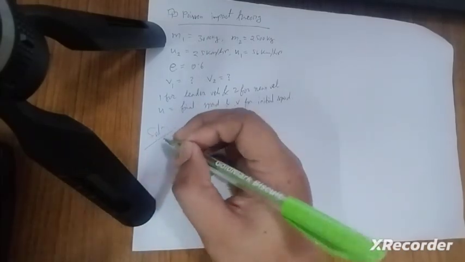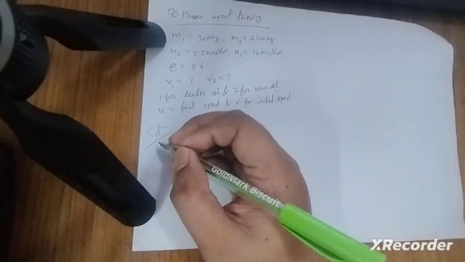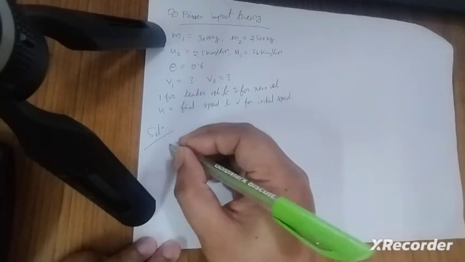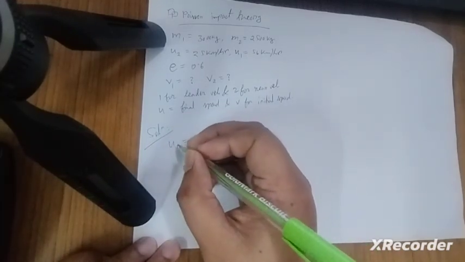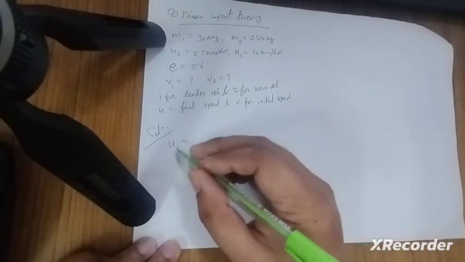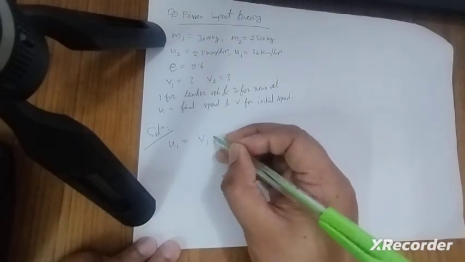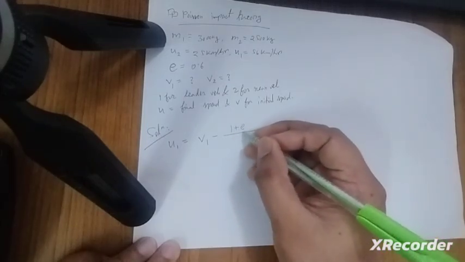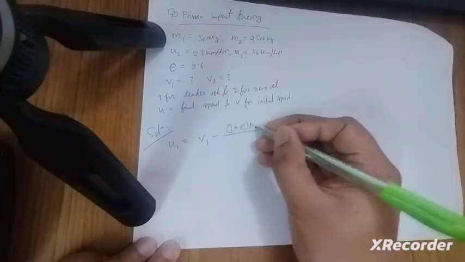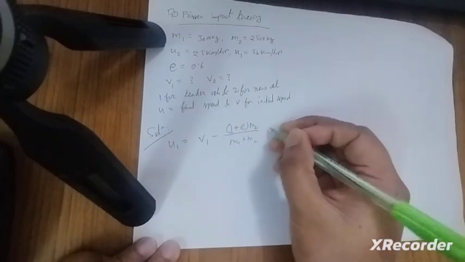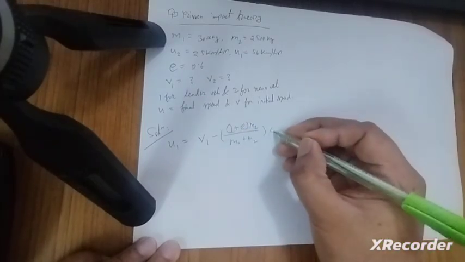So to calculate the solution, first we have to use the formula for post impact. That is u1, the leader vehicle's final speed, will be the initial speed v1 minus (1 plus e) into m2 over (m1 plus m2) multiplied by delta v.